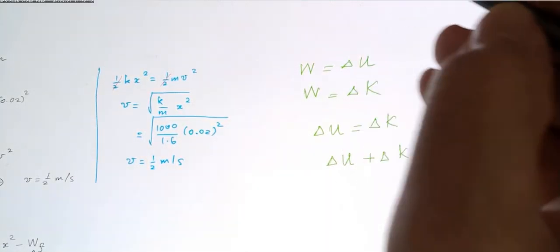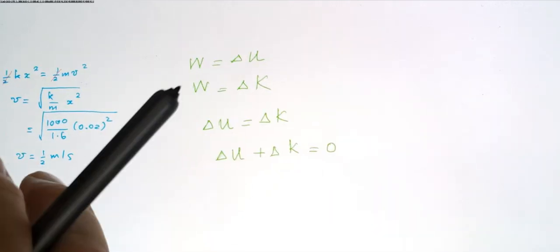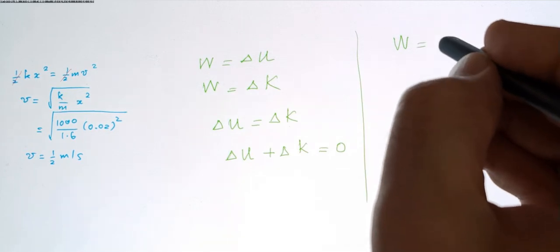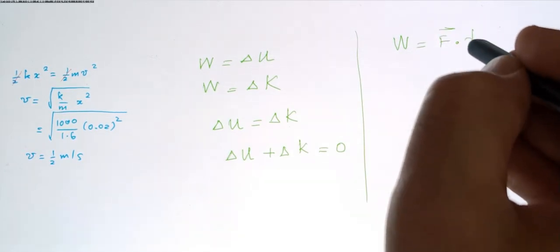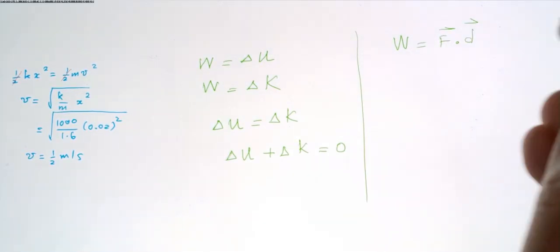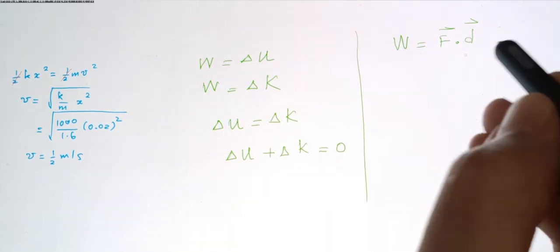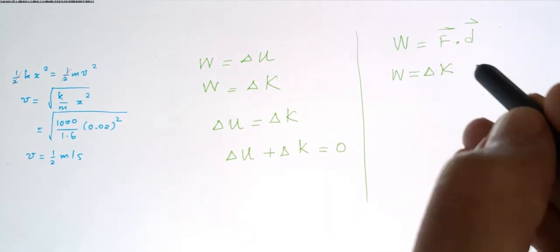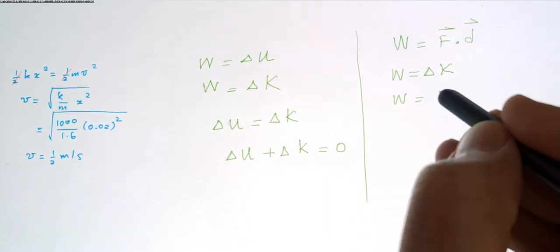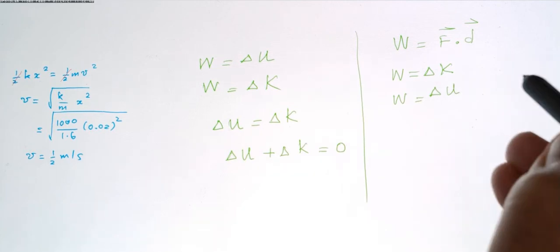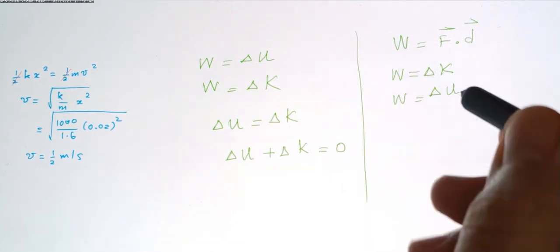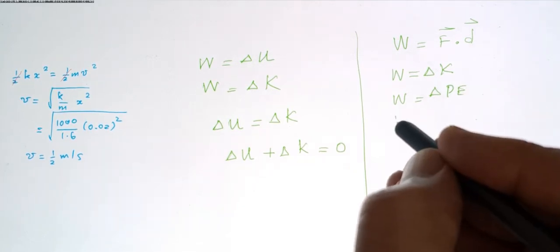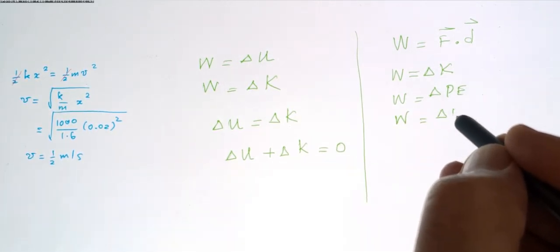This is how we started in chapter 7. We said work is equal to F dot D, and then from there we proved that work is nothing but change in kinetic energy, then that work is change in potential energy, and then that work is change in elastic energy.